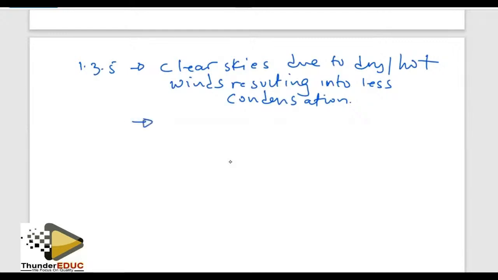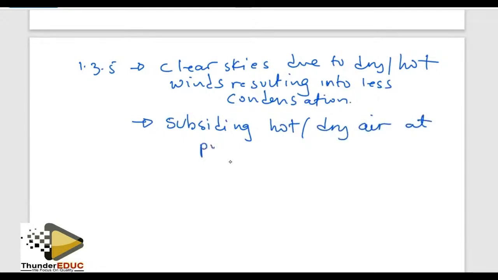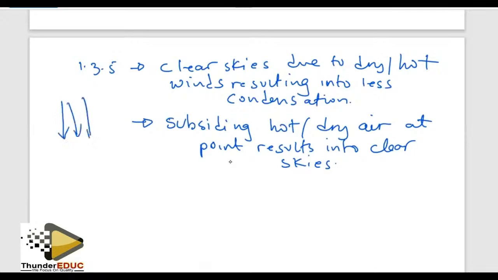And secondly, we could say as well subsiding hot dry air at point A results in clear sky. So we know that whenever air is subsiding, it means there will be no condensation to happen.